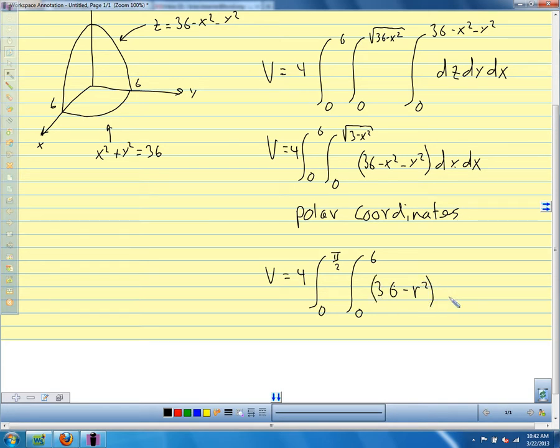And our polar area element is dr d theta. Nice, easy integral to evaluate. And this evaluates out to 648 pi cubic units. This is much easier to evaluate than this, especially with this radical.